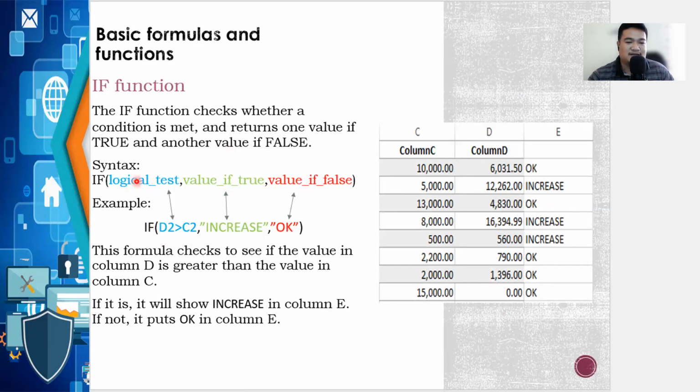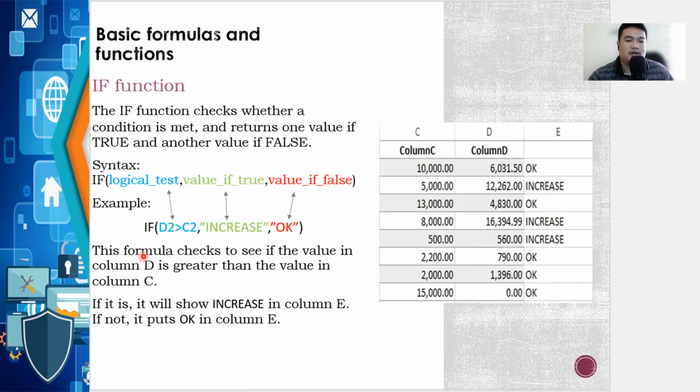Itong logical test natin dito, kapag nakita na ang condition ay met, itong value if true, ito yung kanyang i-take na action. If the condition naman ay hindi met or ibig sabihin false, ito naman sa block na ito ang kanyang i-return na value.